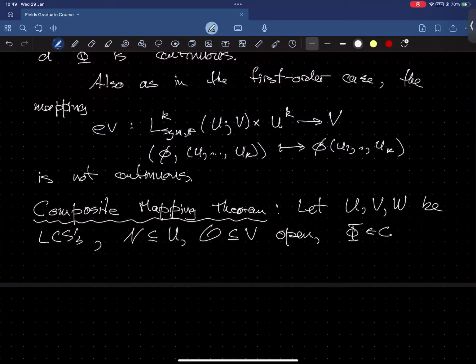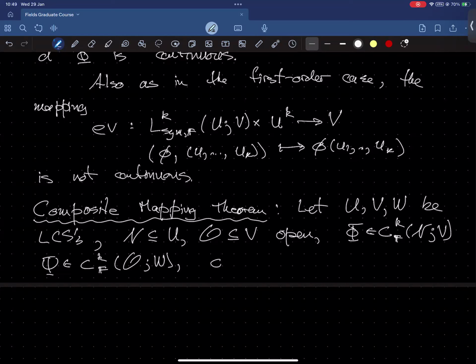Phi is going to be CK from N into V. Psi is going to be CK from O into W, right?